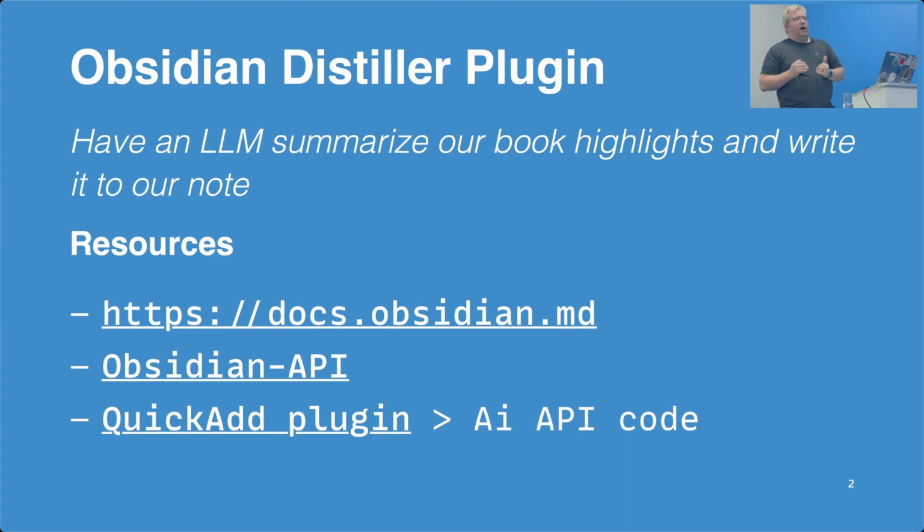But it does a really good job of breaking down how to build a plugin and some of the things you need to look out for, as well as the Obsidian API documentation, which is really just their types in GitHub. And then I want to call out the Quick Add plugin, mostly because I stole their AI API code from there. So stealing is all open source, right? But I went in there and looked at how they were calling the API and used that.